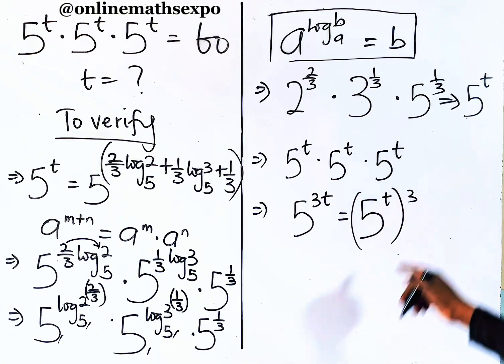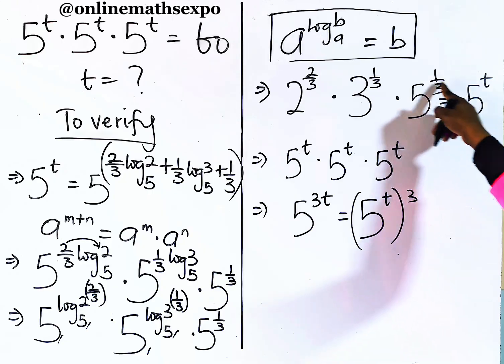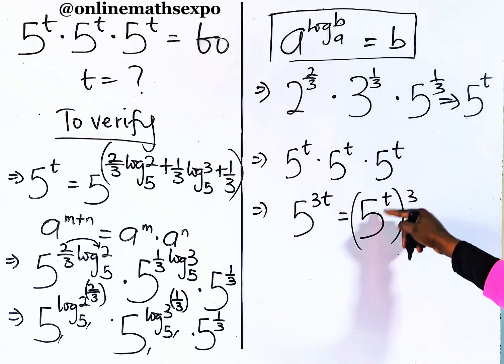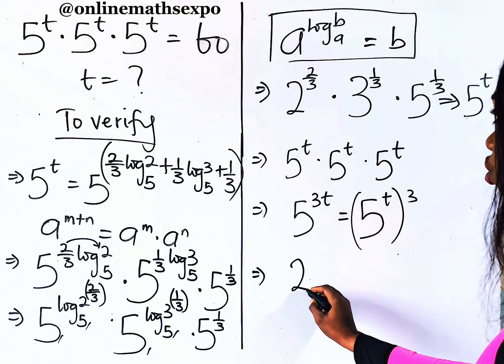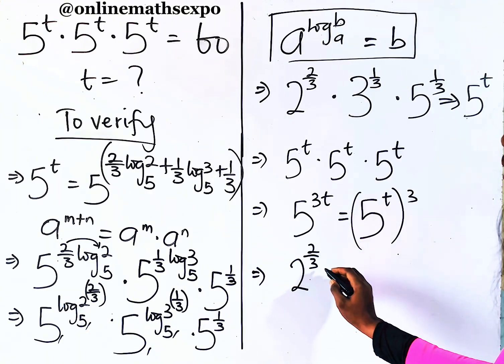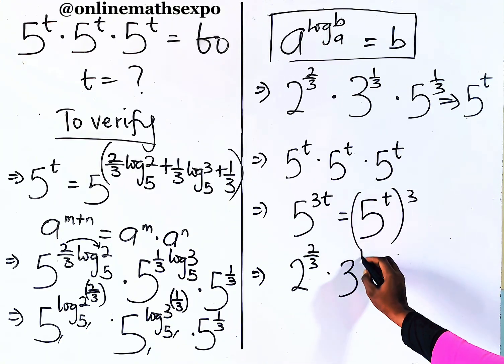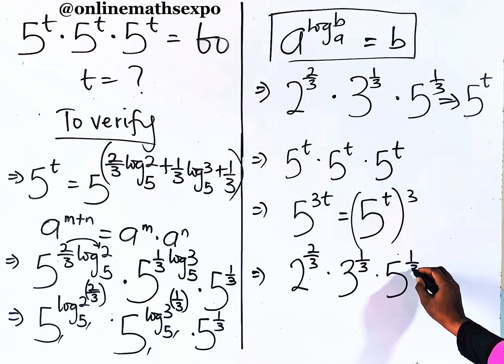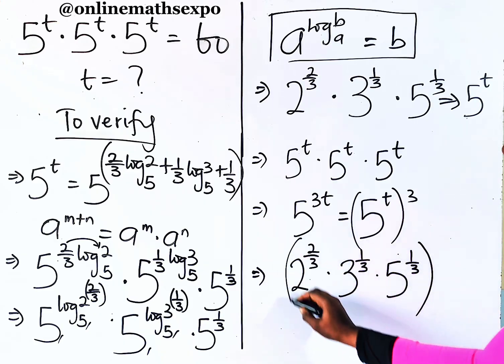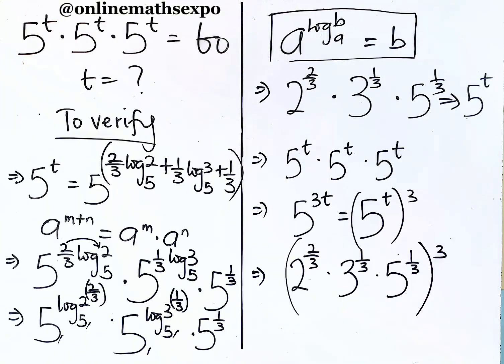So in that case, if 5 to the power of t is given as this, let's replace it here. So we are going to have 2 to the power of 2/3 multiplied by 3 to the power of 1/3 multiplied by 5 to the power of 1/3 will all be raised to the power of 3.